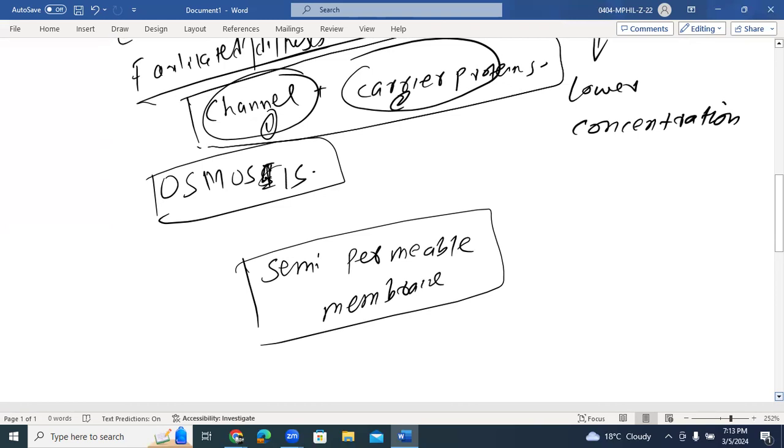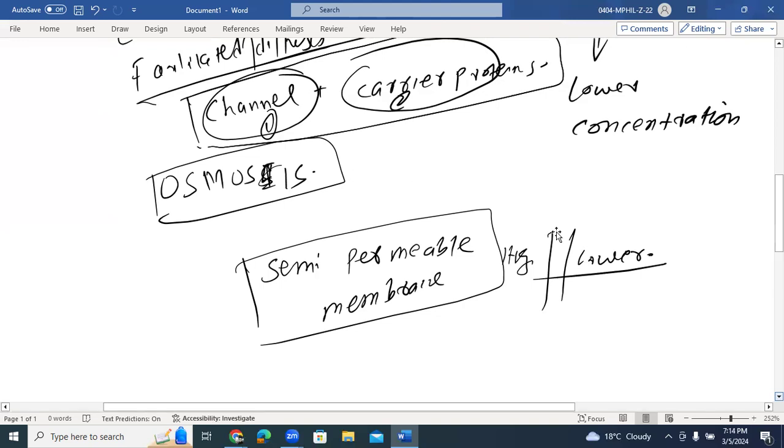So definitely that's a water movement, the movement of water molecules, and it is also a passive movement. There is no need to utilize energy here, and it is also gradient based. On one side you have the higher gradient, on the other side the lower gradient. So this is how it takes place.